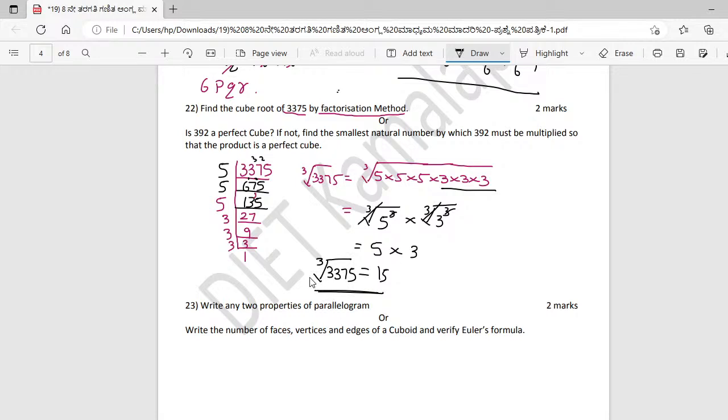Just copy it down. I'm going to erase this, and we shall solve one more option which is given in the same question.